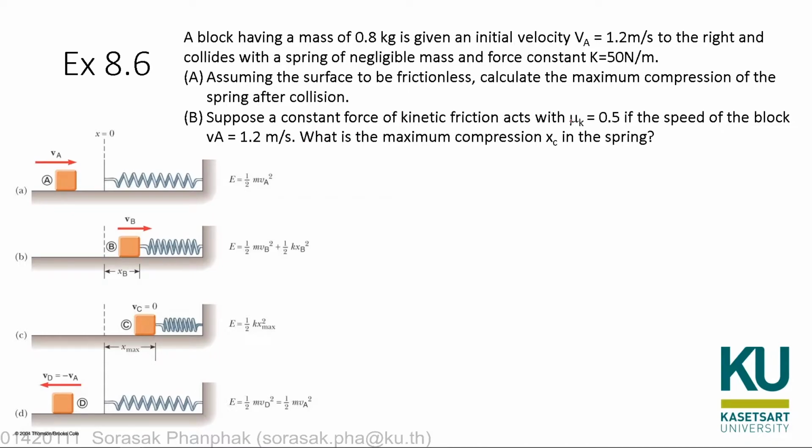In this case, that means the floor now has some resistance, right? The mu k is equal to 0.5. And the initial velocity is still VA equal to 1.2 meters per second. We would like to determine X max in this case again, the XC.